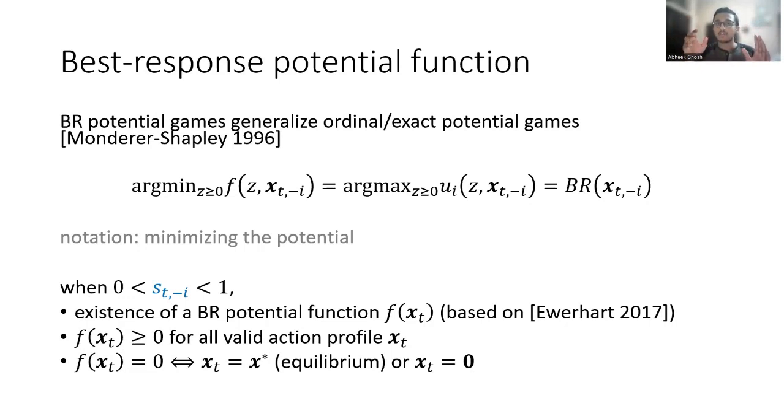In particular, what we mean is that the utility function and the potential function have a correspondence with respect to the best response action. In this paper, we use the notation that we are trying to minimize the potential function.